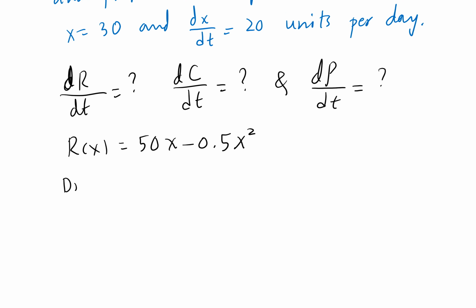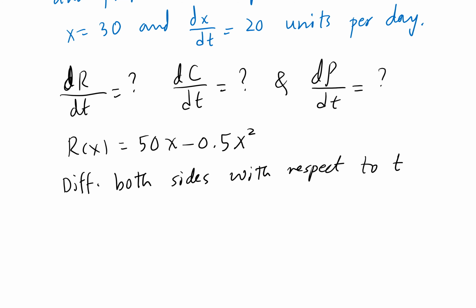We differentiate both sides with respect to t. What do we get? dr dt equals 50. Now remember, I'm not differentiating with respect to x. We don't have dy dx. Here we're differentiating with respect to the time t.